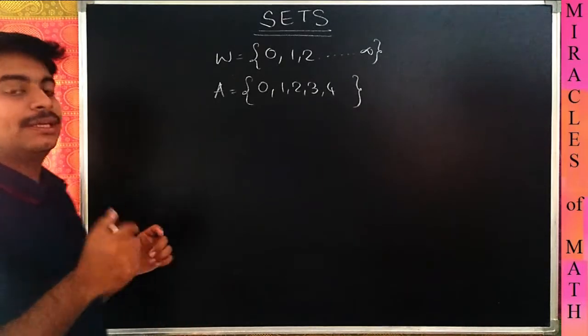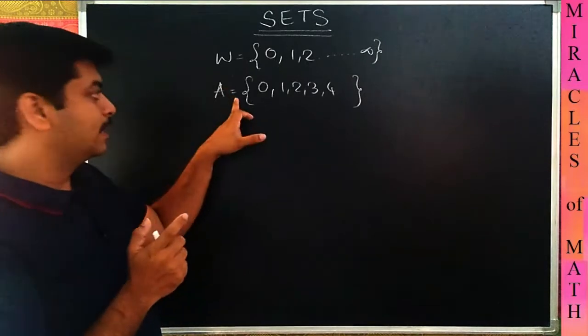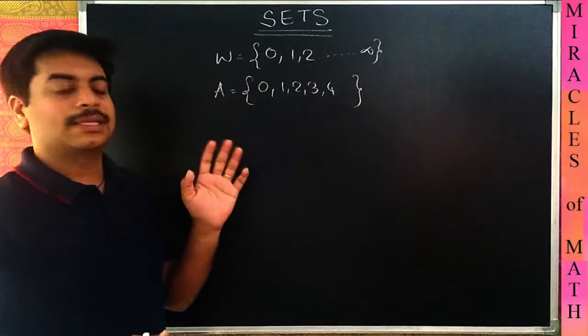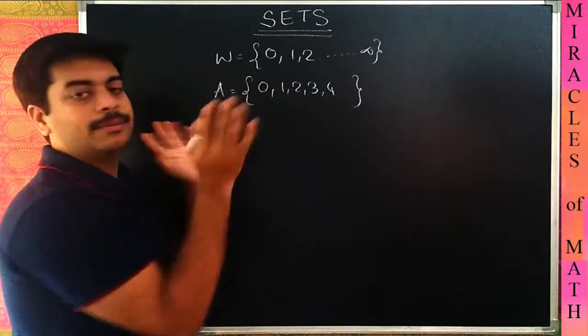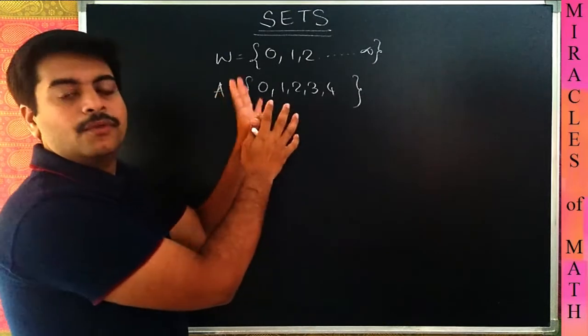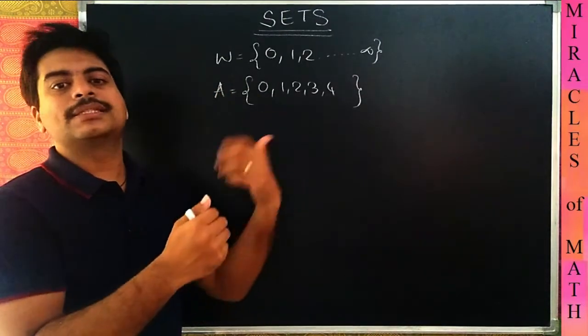So, are there any types of representations of a set? Yes. See, this is one type of representation. That means we just write whatever elements are there inside the brackets. So as soon as we see it, we can say, okay, these are the elements in that set.